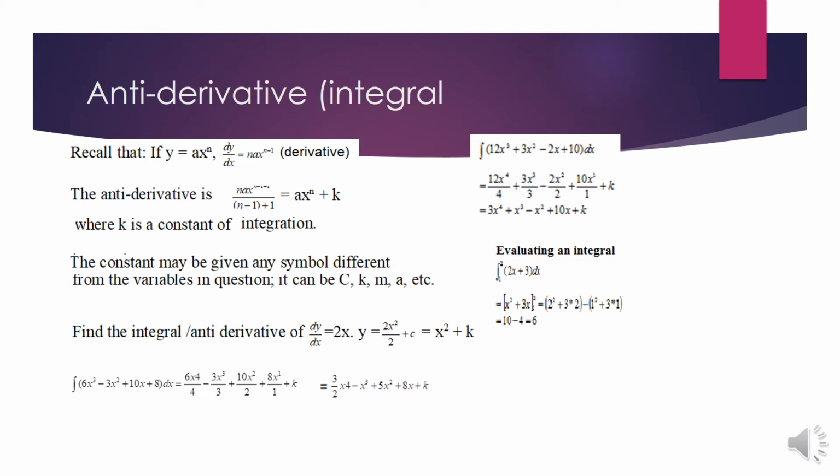This will be 2 to power 2 plus 3 times 2, minus 1 squared plus 3 times 1, and this will be 10 minus 4 equals 6. We have evaluated an integral.